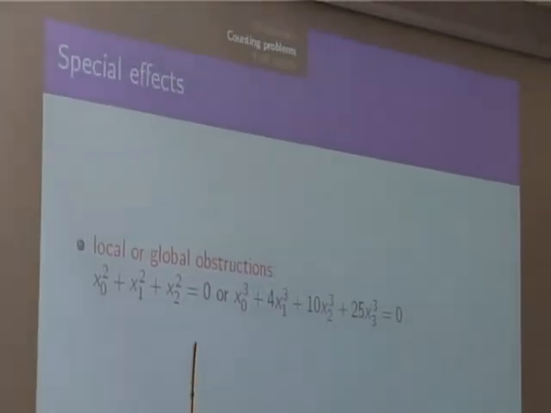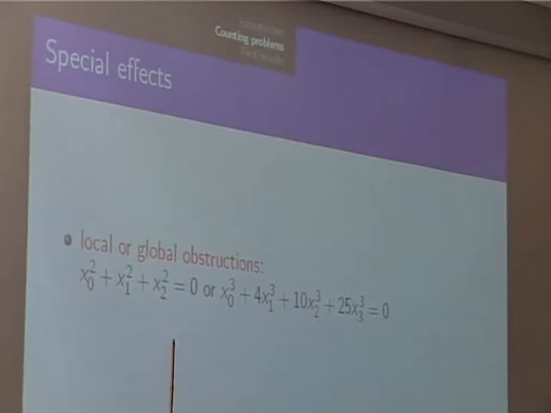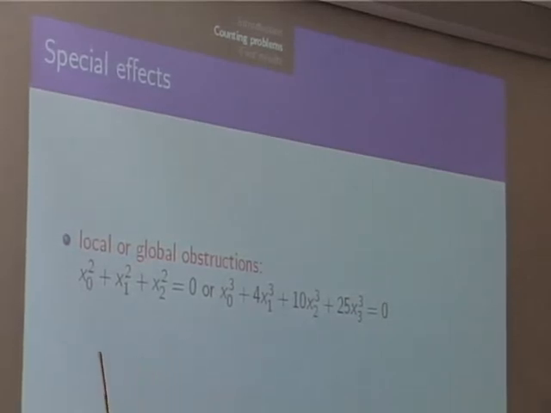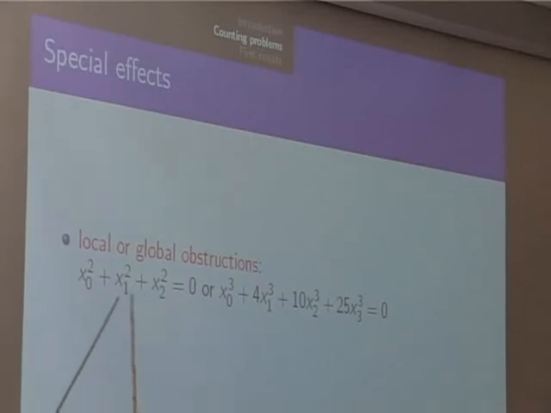As soon as we pose this question about uniform bounds or asymptotics and start to look at this from all these different sides, we see some special effects happening. One of the special effects is that you can have local obstructions. So there is no solution to such an equation, even though it's of low degree and you can write as many variables as you like.